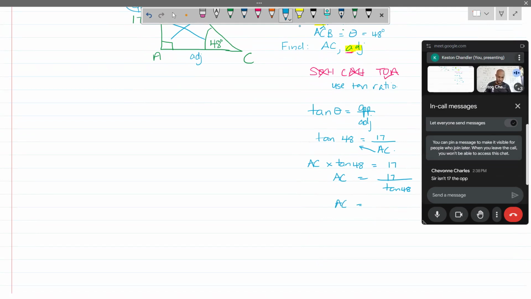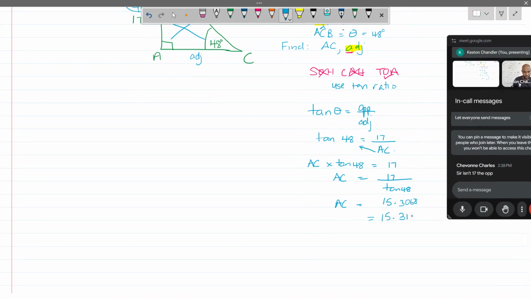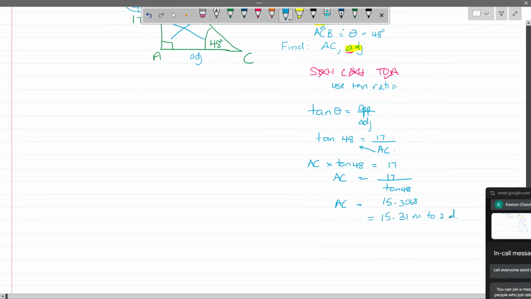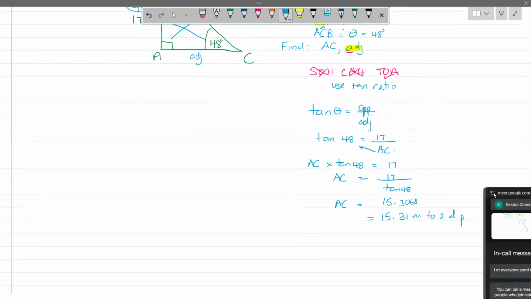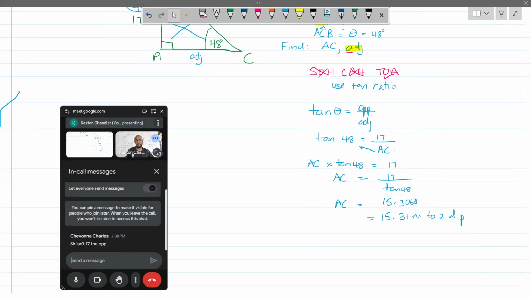So on my calculator, don't forget to put that tan 48 in brackets. 17 divided by tan 48. And I have for you 15.3068. So we could say that's 15.31 meters to 2 decimal places. Yeah? Everybody good with that?